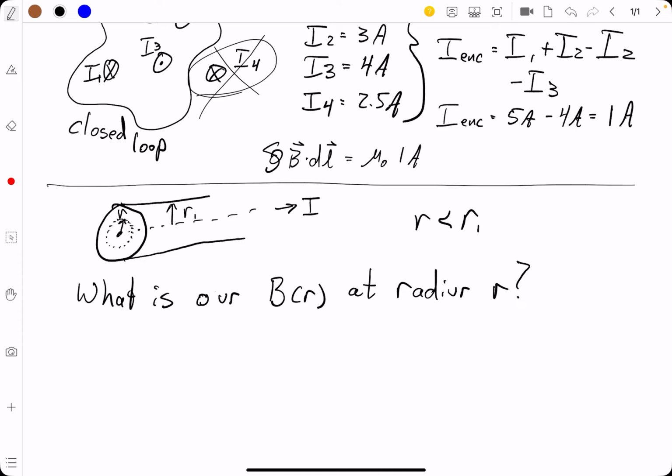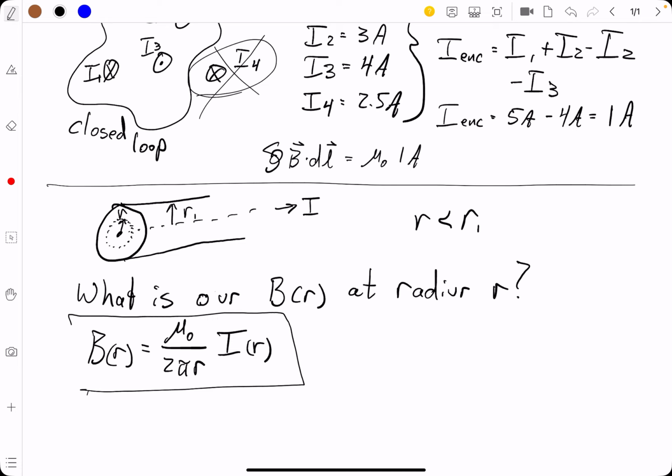Okay, so we can write down an equation like we always want to do, and we'll say mu naught over 2 pi r. But we're also going to multiply that by the current, but it's not the whole current. It's a current as a function of r. Okay, so this is actually a really, really good and important equation, because yes, whatever our radius is, that's true.